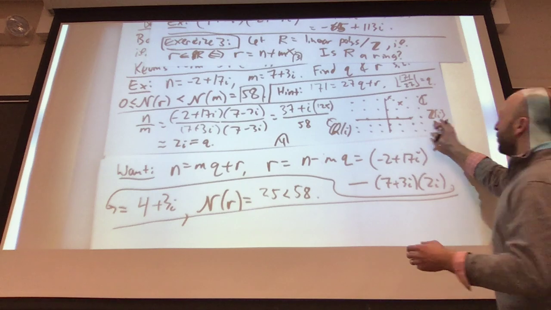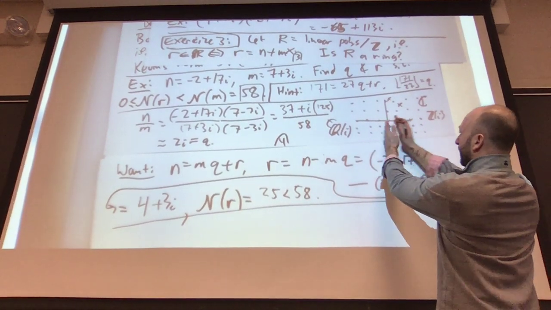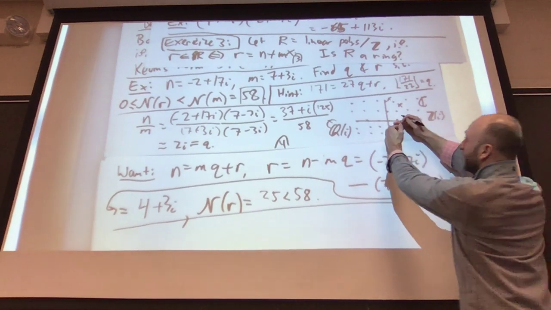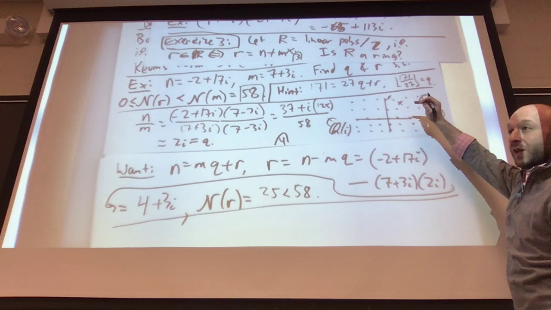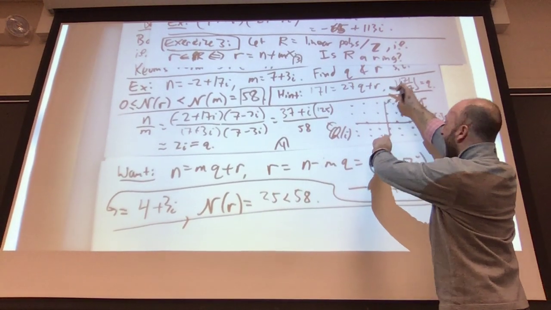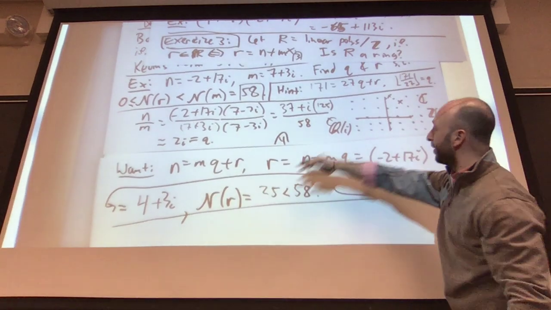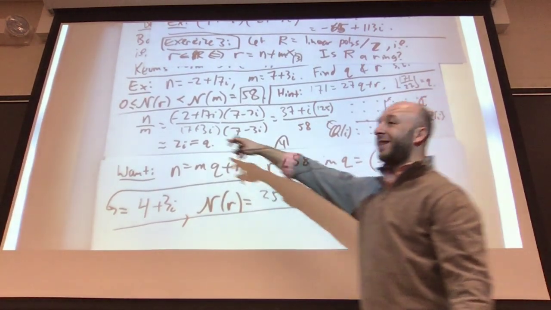When you have Z adjoin root -5, this direction still scales by 1. This direction scales by root 5. The bases are like that: this basis vector is short and this basis vector is long. And it's so long that when you take one of these quotients, you might have a remainder that's no longer strictly smaller than the m that you started with.